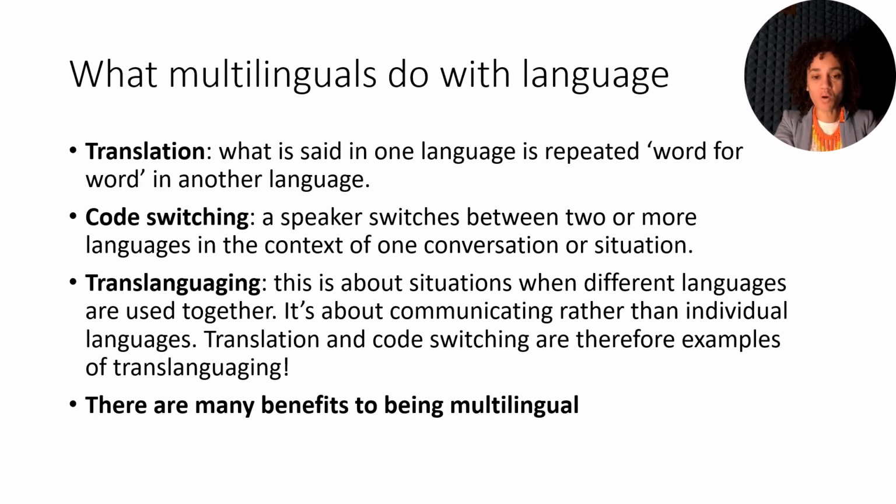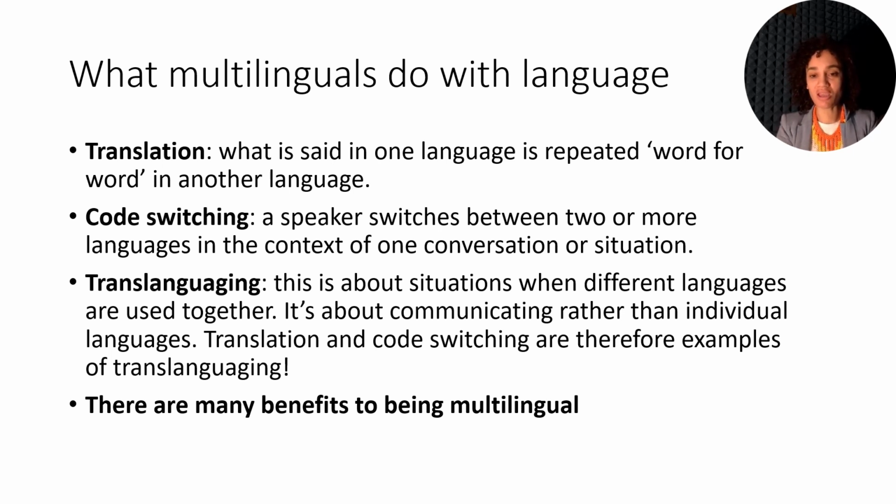It's worth emphasizing that multilinguals do things with language which monolinguals simply cannot do. This is very obvious for a lot of people in the Gambia, for example, because most people are multilingual. Translation, I feel you'll be able to relate to, so it's about saying what was said in one language, word for word in another language.